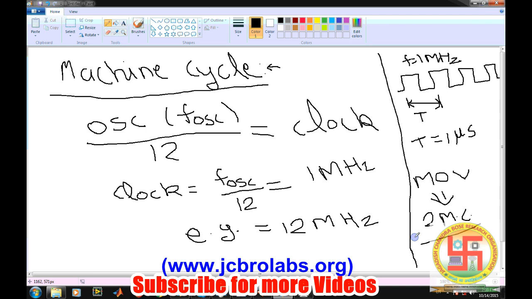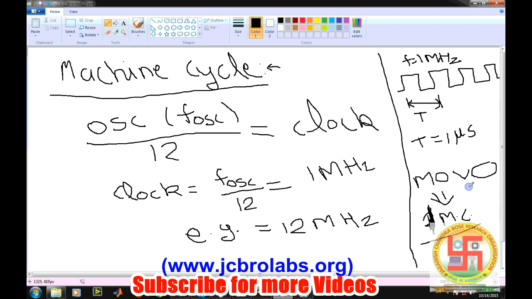So within 1 microsecond it copies the data of register 0 to register 1, transferring data from whatever the operands are. The number of machine cycles taken by an instruction is known as the instruction cycle.